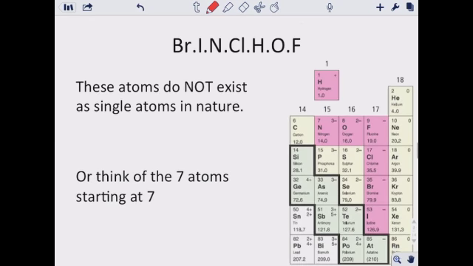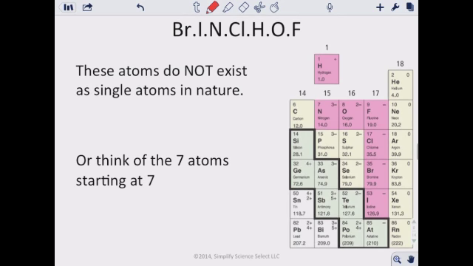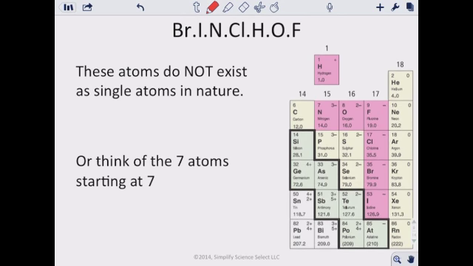Now, the other big piece when we're writing these out is writing the correct chemical formula. And something that we have to remember as we're going through this is Brinkelhoff. These are not binary, they are diatomic. And so therefore, when they exist by themselves, they exist bonded as 2.